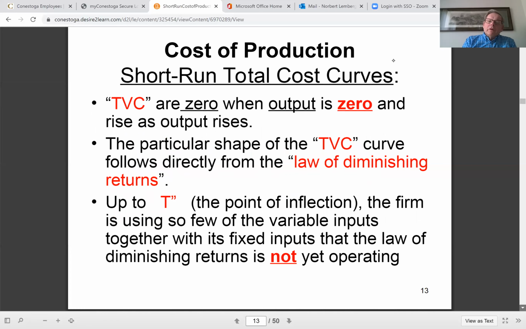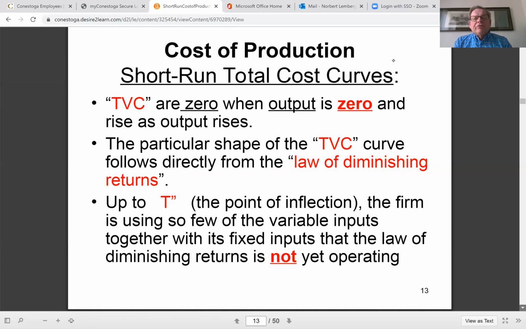Your total variable costs are 0 when the output is 0 and rise as your output increases. So you're buying more raw material, so your total costs will go up. The particular shape of your total variable cost curve follows directly from the law of diminishing returns.